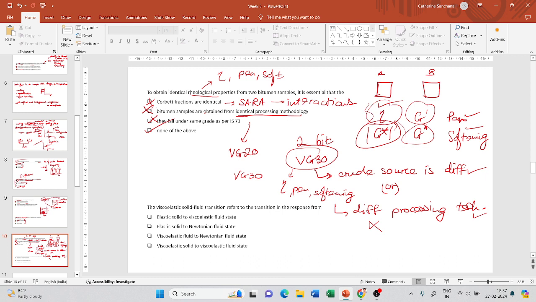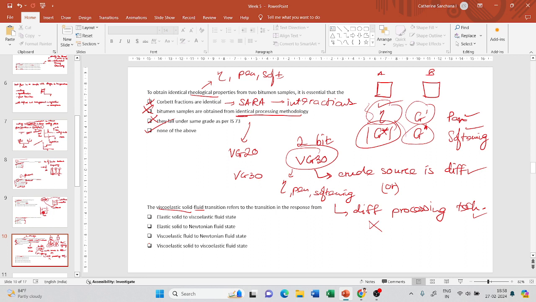So here, this question is also related to rheological property, based on changes in temperature. The viscoelastic solid to fluid transition refers to the transition in the response. The name itself says it, right? Viscoelastic solid to fluid.